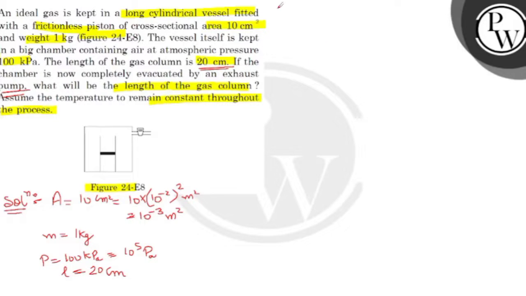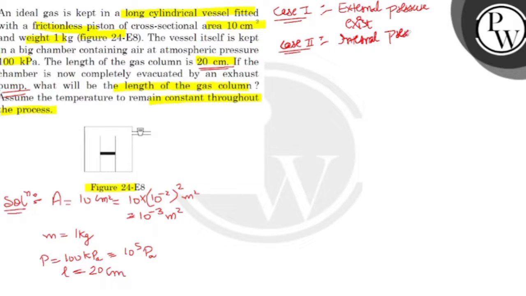Case first: when the gas was still in this chamber, external pressure exists. But in case second, when all air exhausts out from this chamber, then external pressure does not exist.